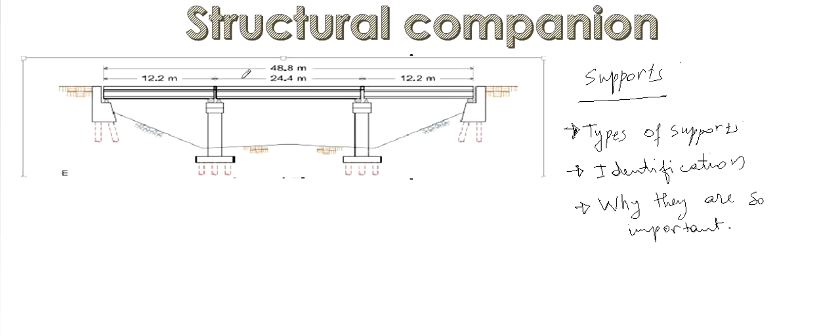So this is a bridge. As you can see, the dimensions are given. On top of this bridge is where the cars are moving, in this direction. The loads coming from the cars passing through this bridge are transferred to this bridge deck.